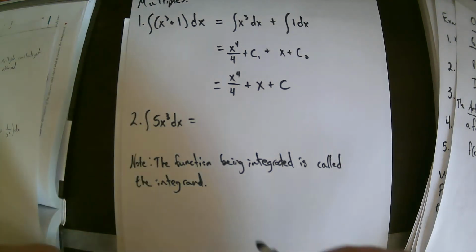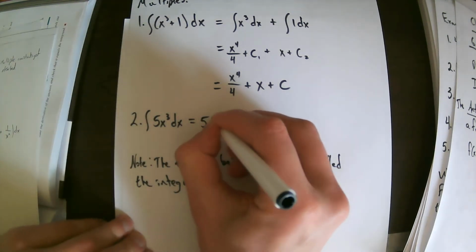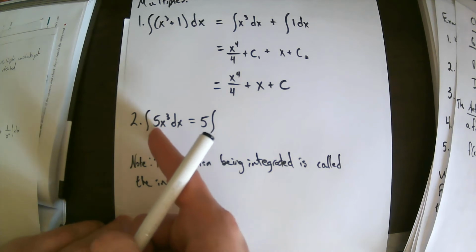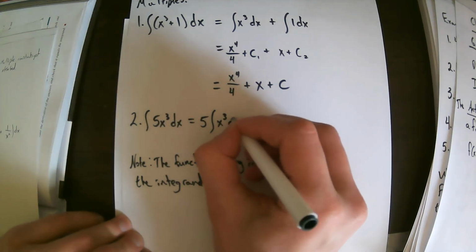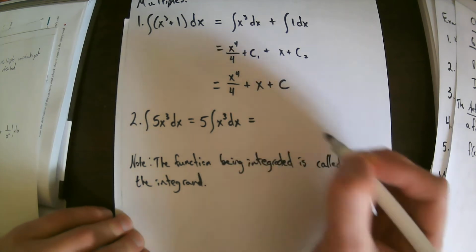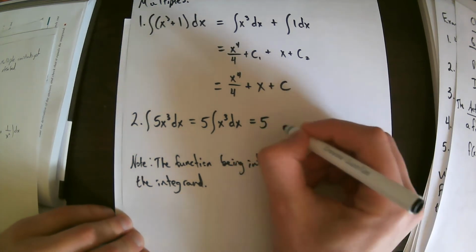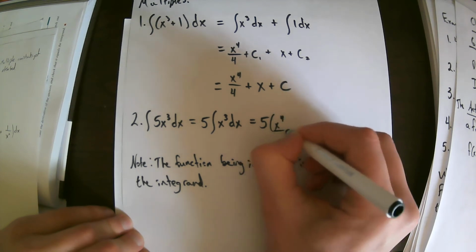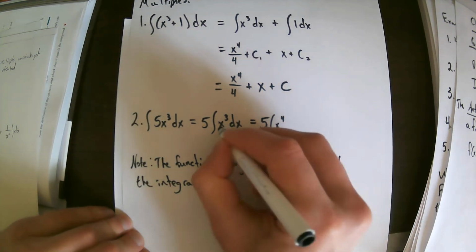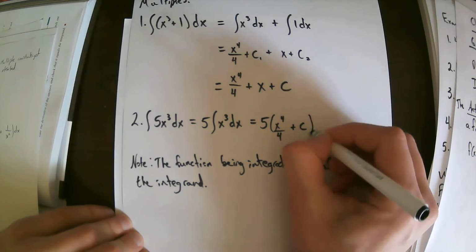Okay, since we have a constant multiple inside, we can write it as 5 times the integral of x cubed dx. And then that 5 is just going to get carried along. I'm going to have 5 times x to the 4th over 4 by the power rule for x cubed plus c.